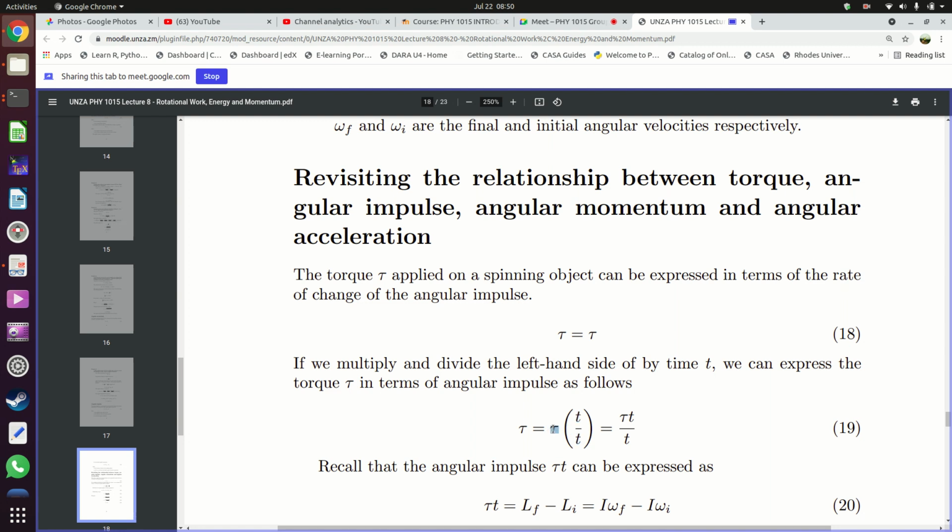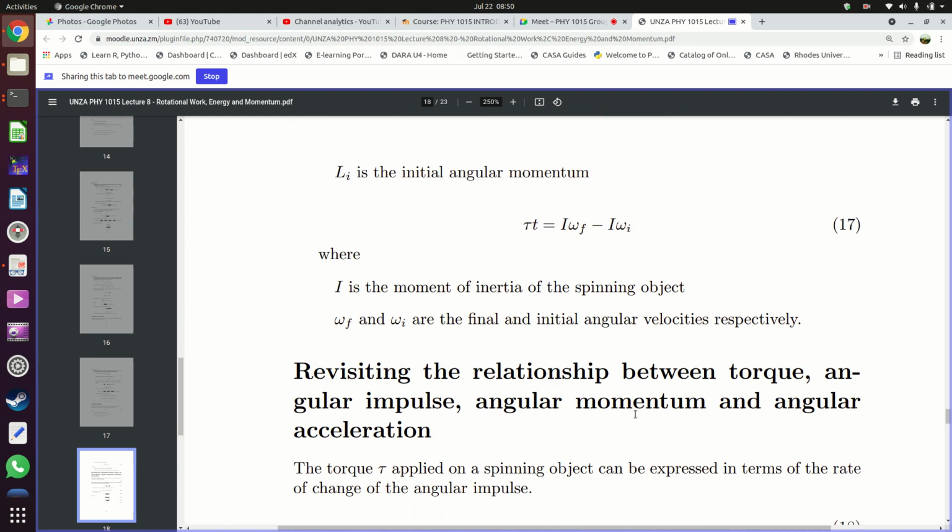So you end up with torque times t on top, then you divide by t. When you multiply the torque by t, that is our angular impulse.